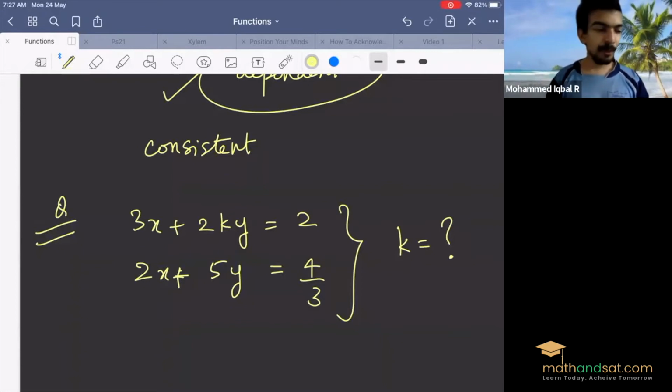Do we have a value for k? Are you with me?